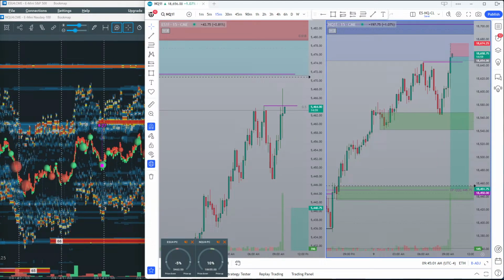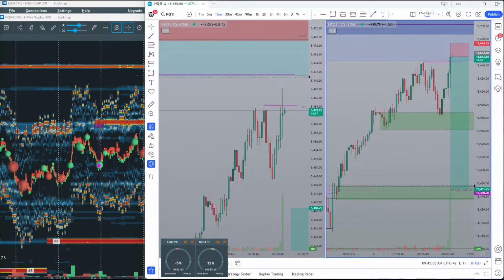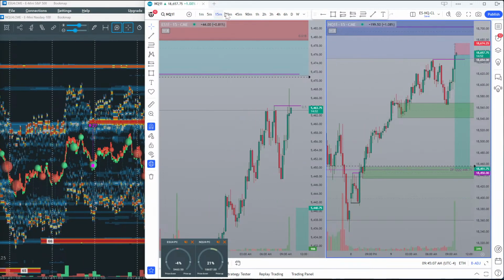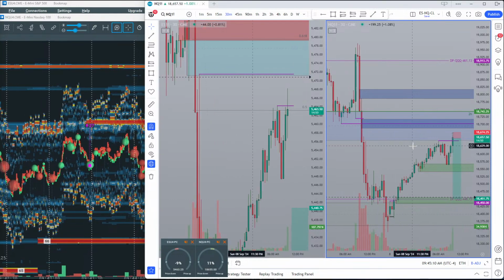I don't know. That 15 looks good and bearish on ES. Not too bearish on NQ at the moment. So let's be a little patient on this.